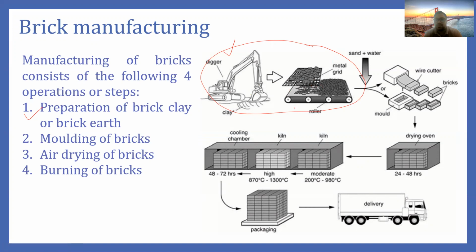Those impurities may be vegetation matter, lumps or pebbles. Once it is cleaned, it is laid out for some time so that weathering is done. This process is called weathering. Basically, for some time we leave the earth exposed to the weather.